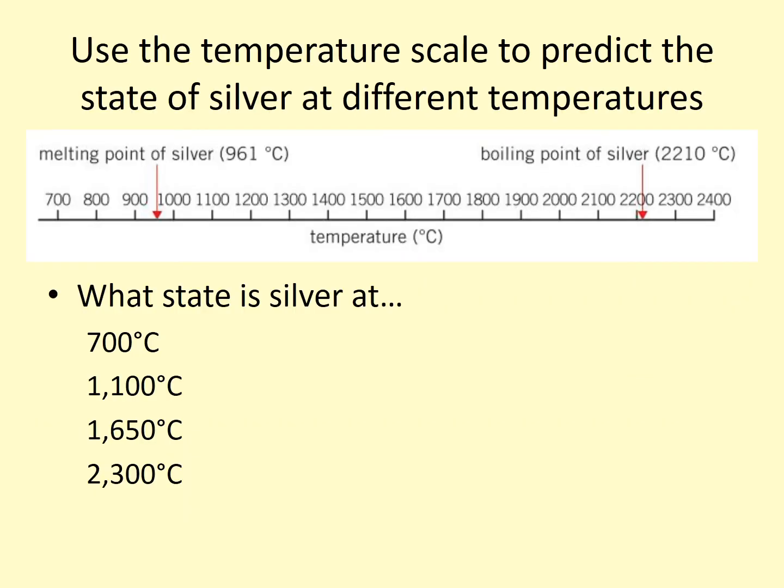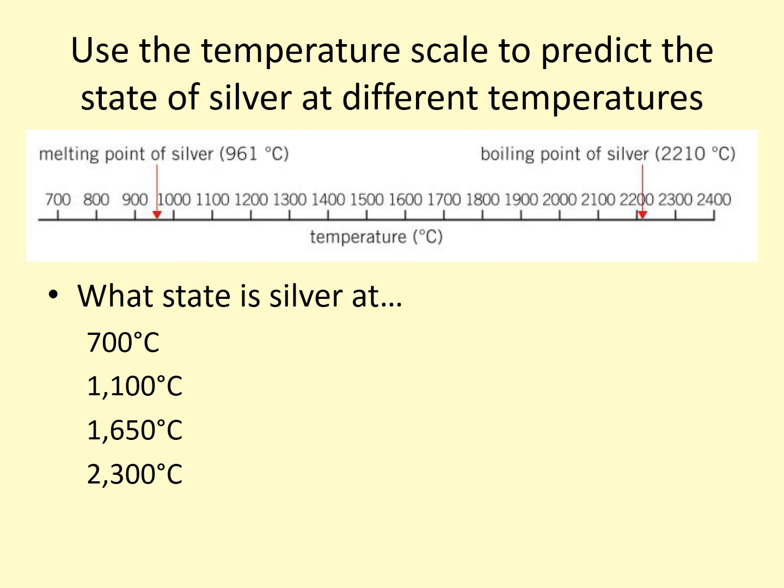Alright, so you can use melting point and boiling point to predict the state of a substance at different temperatures. So this is your task for this slide, is to use the temperature scale to predict the state of silver at different temperatures.